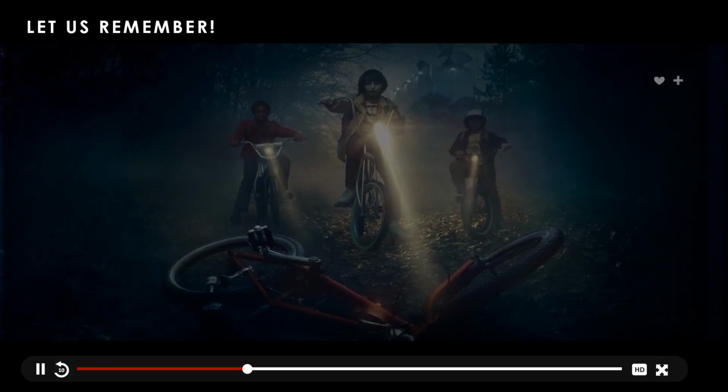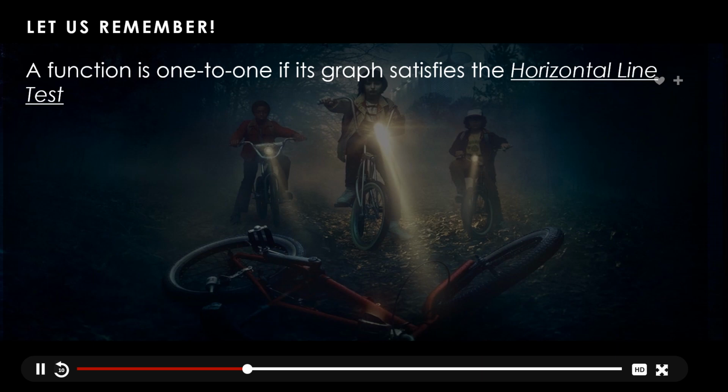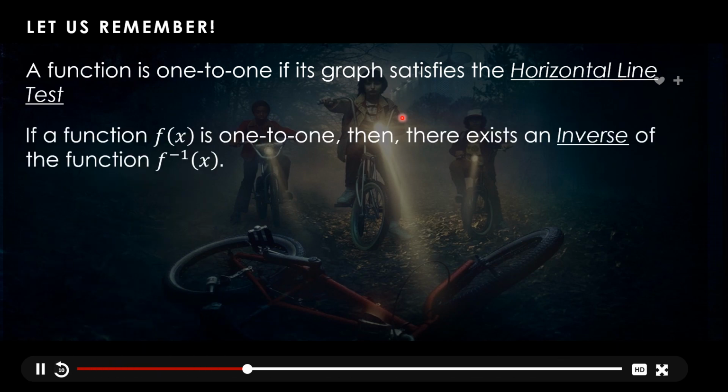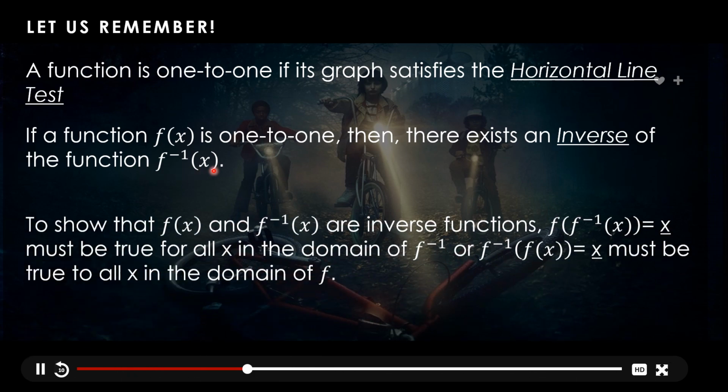Let us remember the following. A function is 1 to 1 if its graph satisfies the horizontal line test. If a function f of x is 1 to 1, then there exists an inverse of the function, which can be written as f to the power of negative 1 of x.